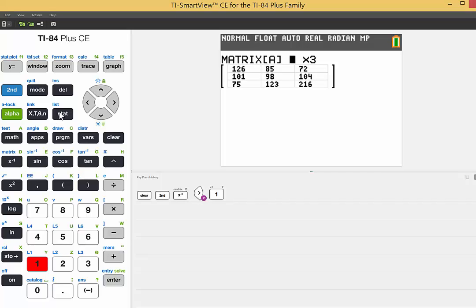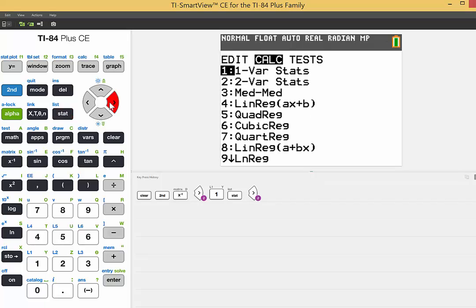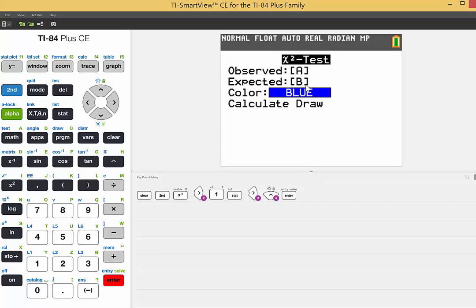And then in order to get the calculator to calculate the test value and the expected values, we'll push Stat, go over to Tests, go to chi-square test, which is C, select that, tell the calculator which matrix contains the observed values, and then tell it which matrix we would like to contain the expected values.